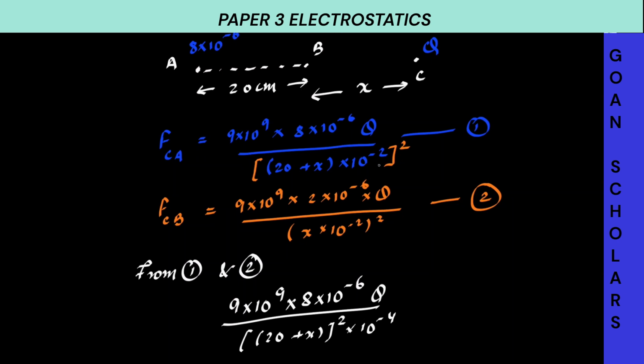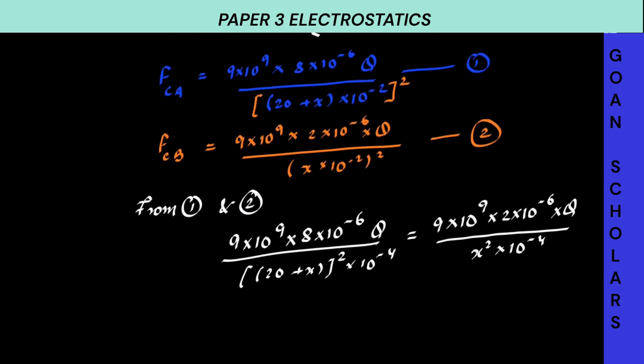From where did I get this 10^-4? 10^-2 whole square is 10^-4. Let's put it equal to 9 × 10^9 × 2 × 10^-6 × Q, whole divided by x square × 10^-4.